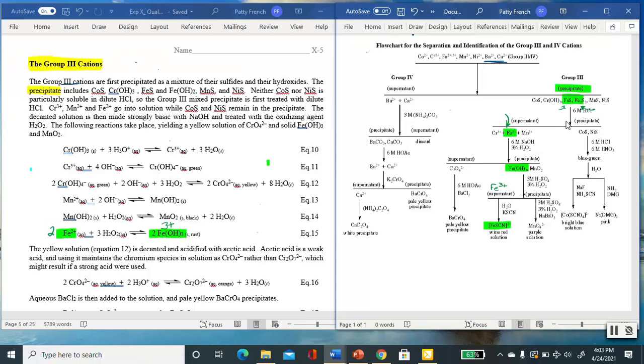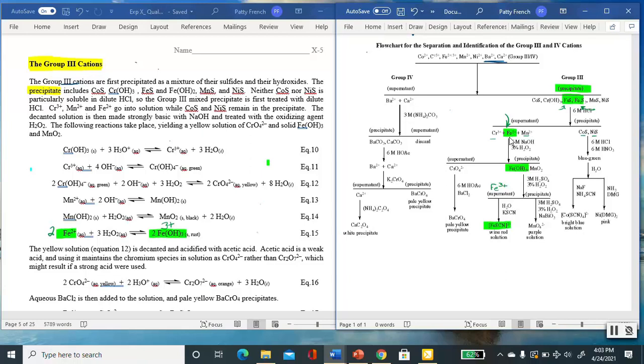After you add the hydrochloric acid, again, you have some supernatant, which contains chromium and manganese and iron, and has a precipitate containing the cobalt and the nickel compounds.